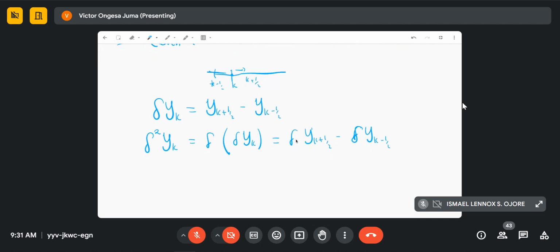And can somebody tell me, using this definition, what is the central difference of yk plus a half?